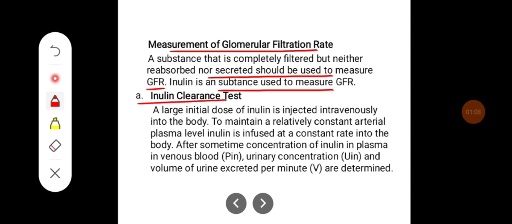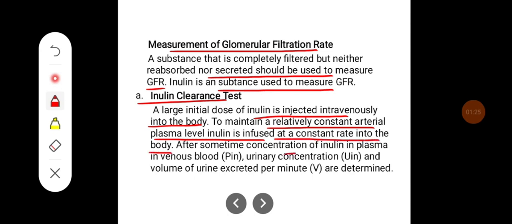Inulin clearance test. A large initial dose of inulin is injected intravenously into the body. To maintain a relatively constant arterial plasma level of inulin, the inulin is infused at a constant rate into the body.